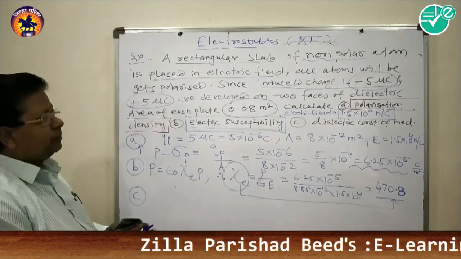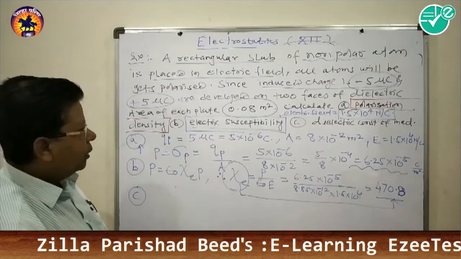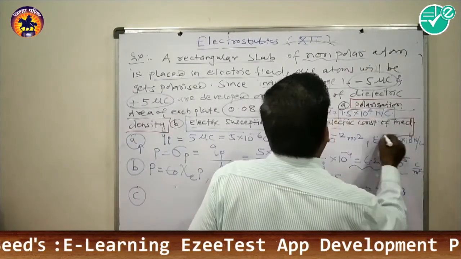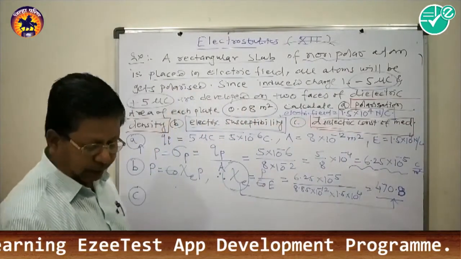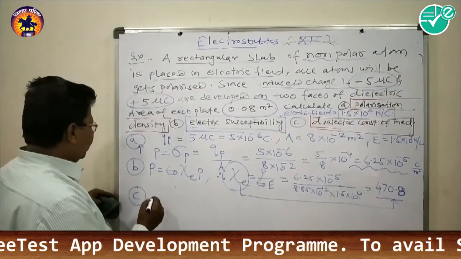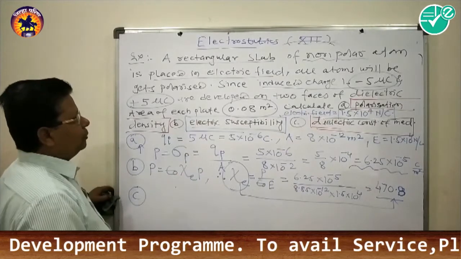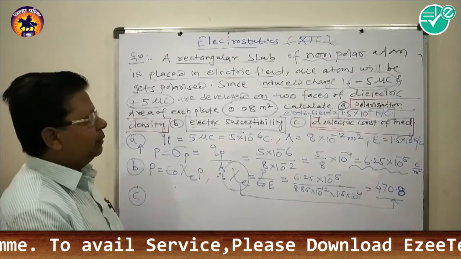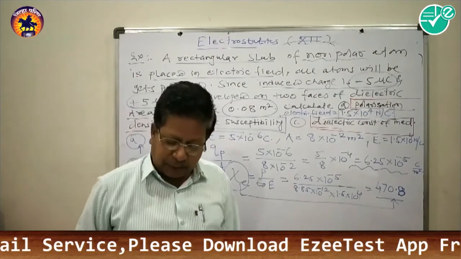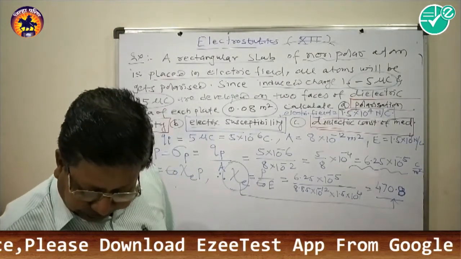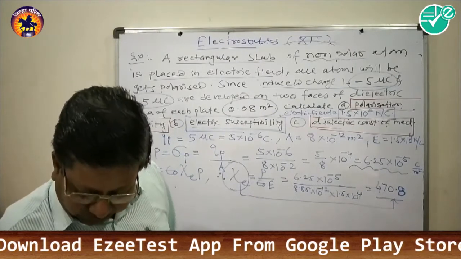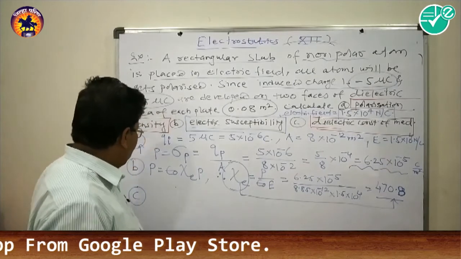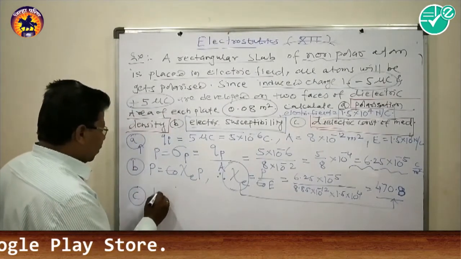And finally, we have to calculate the last term in this problem, which is to calculate the dielectric constant of the medium. And in order to calculate the dielectric constant of the medium, that is K, we know the relation between electrical susceptibility and dielectric constant of the medium.